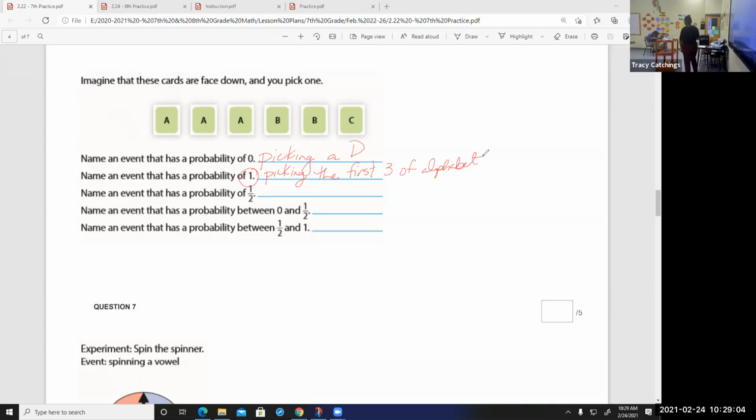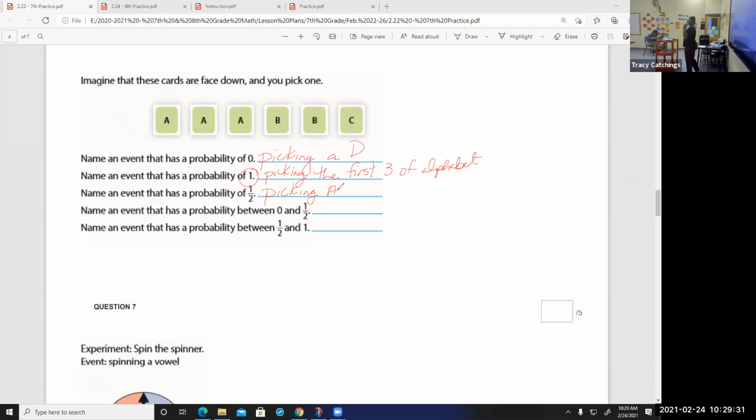The probability of half. If I got 6, how many will make a half? 3. Good. So think about what describes 3 of those cards. The next one said between 0 and a half.